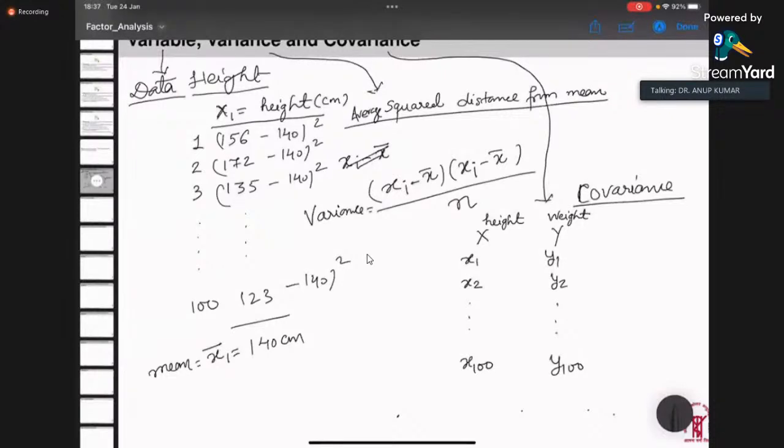In variance you did xi minus x bar into xi minus x bar. Here you have to do x1 minus x bar into y1 minus y bar, x2 minus x bar into y2 minus y bar.